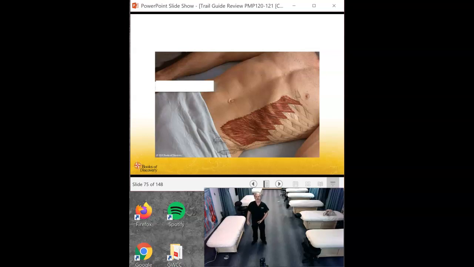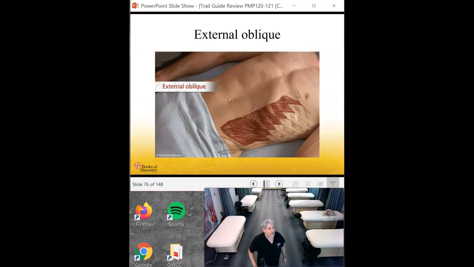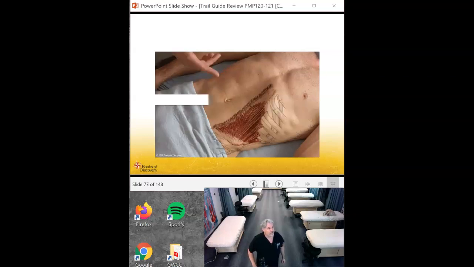Is it going to rotate you to the same side as the muscle contracting or the opposite side? The opposite. Yes. If I grab my pubic region here and pull, I'm going to turn that way. Good job. External oblique. Boom.